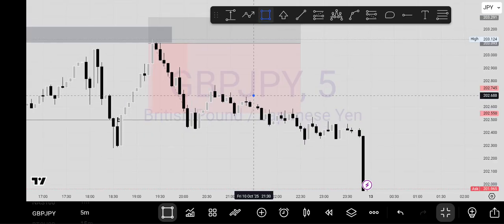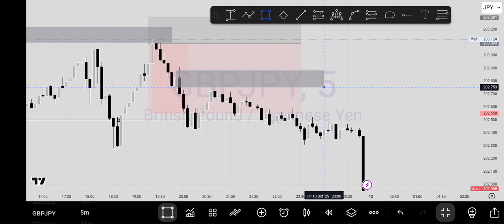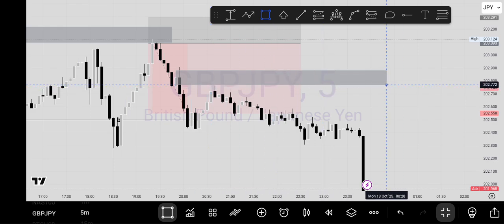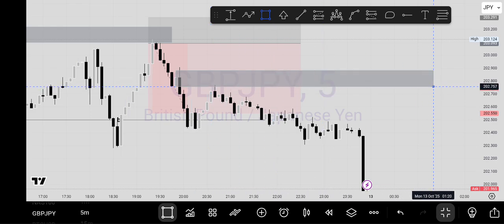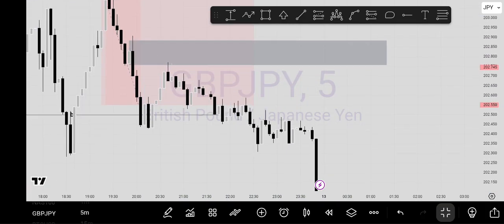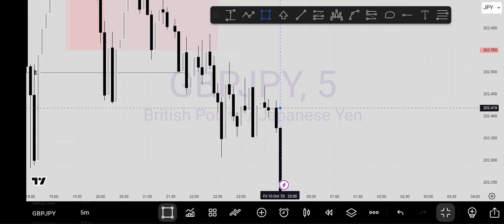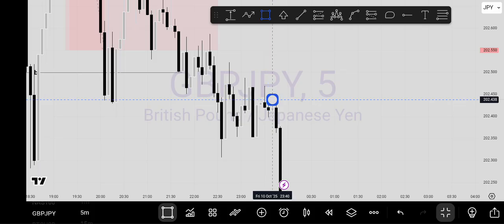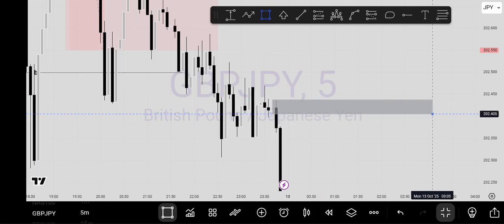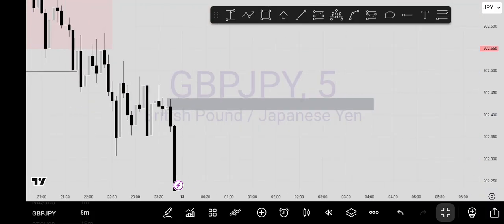So we have the first order block here, and it seems as if it is already mitigated, but we can still reconsider it. Then if we move further low, we have these two small order blocks, which is right here. This one is where we can consider our entry point for the coming week.